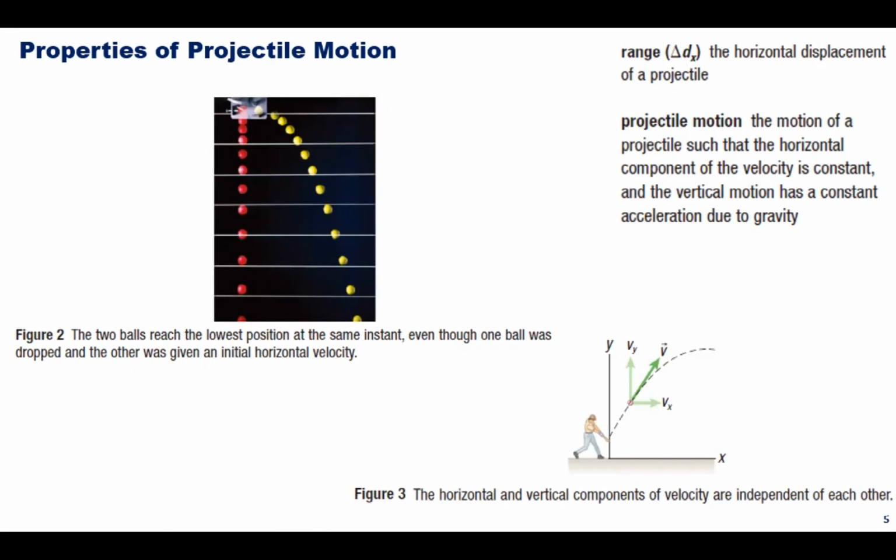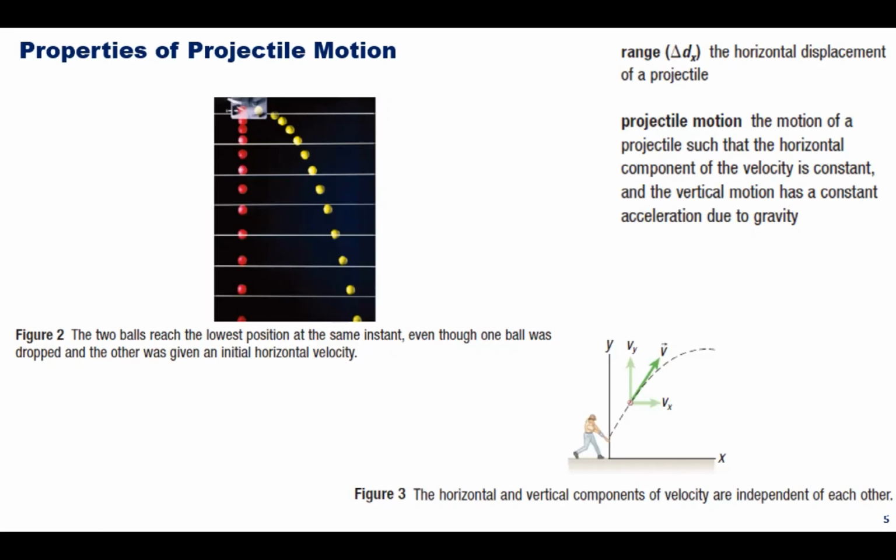We observe the following properties about the motion of a projectile. First, the horizontal motion of a projectile is constant. Then, the horizontal component of acceleration of a projectile is 0. Next, the vertical acceleration of a projectile is constant because of gravity.